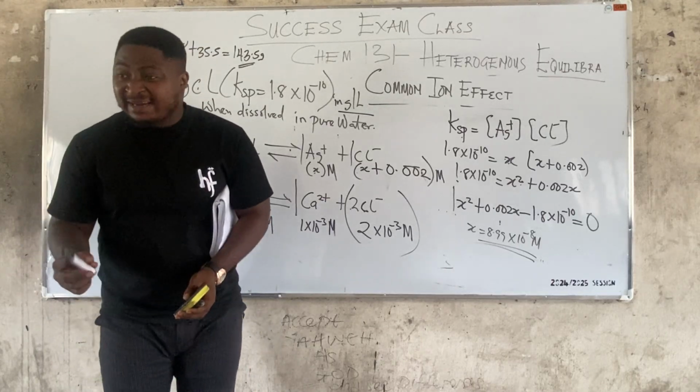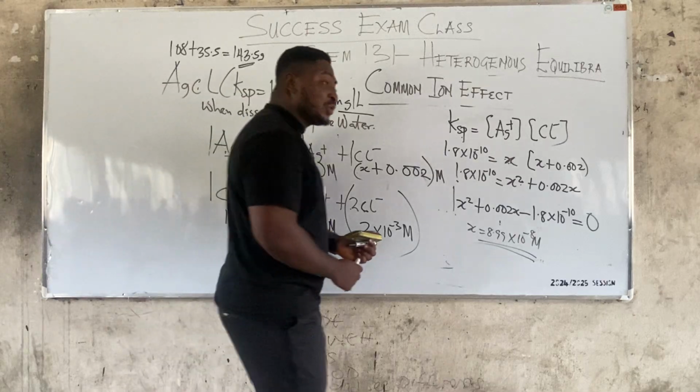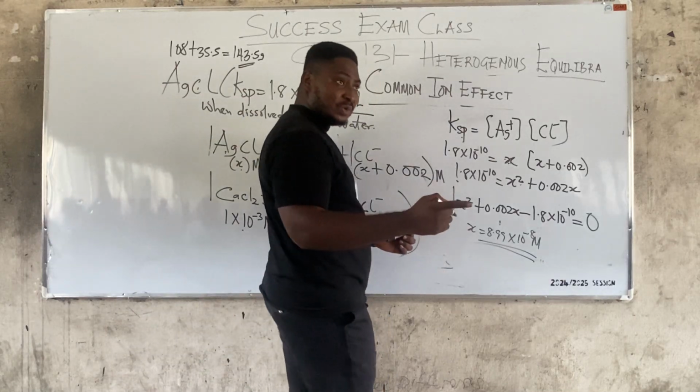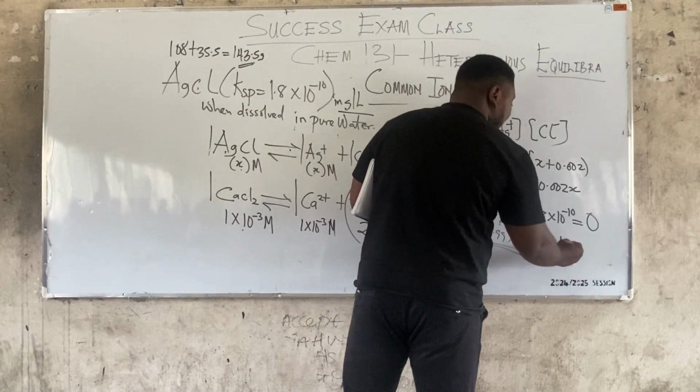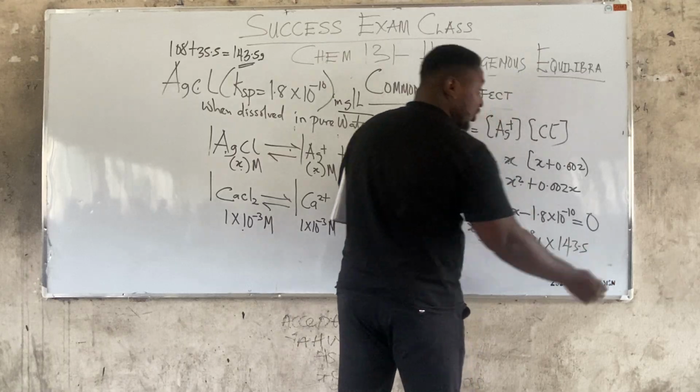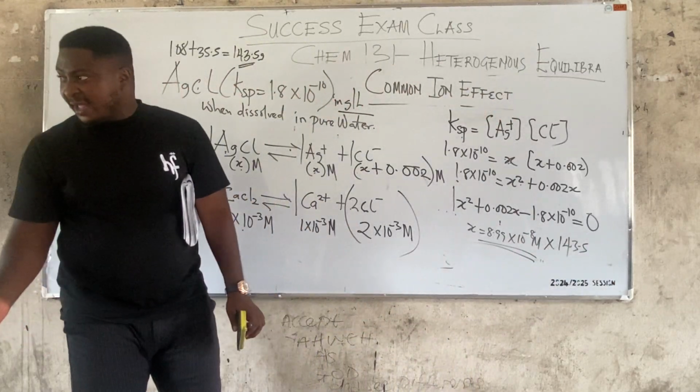But did they not say we should find it in gram per liter? So what do we now do to change from mole per liter to gram per liter? Multiply by the molar mass. Since it's the same salt, the molar mass is 143.5, remember?